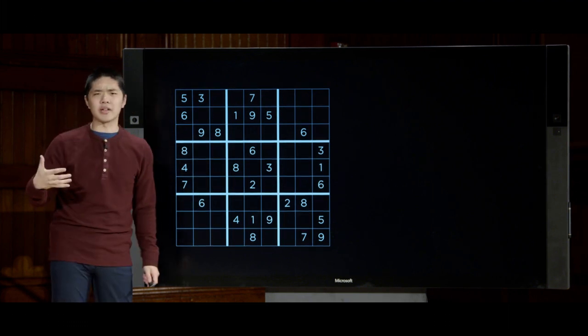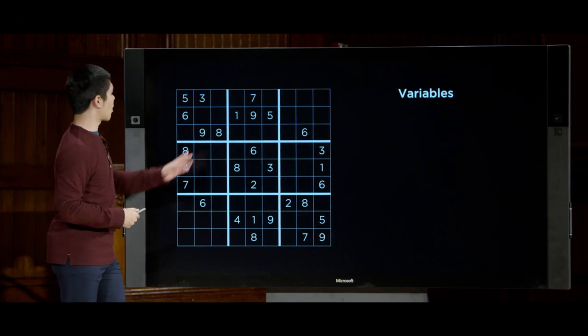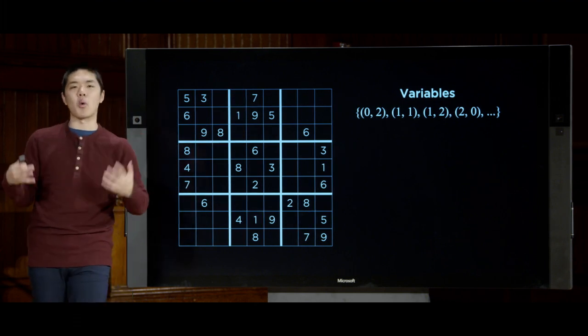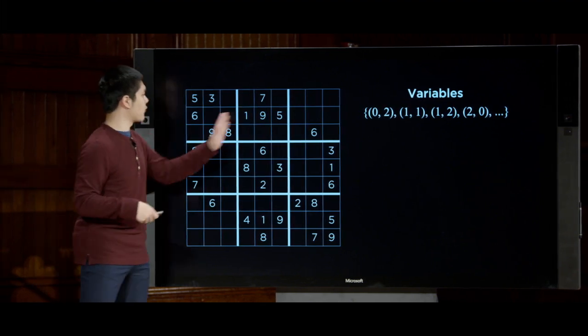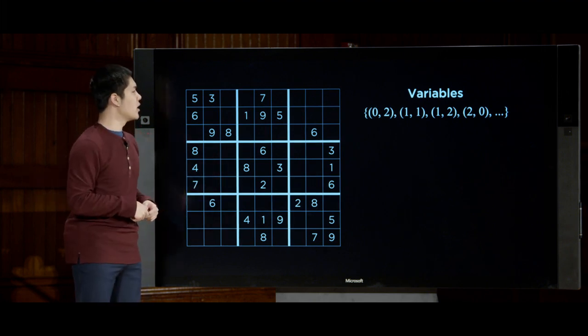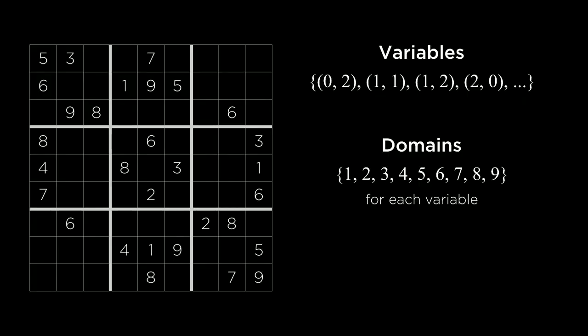So what might this look like as a constraint satisfaction problem? Well, my variables are all of the empty squares in the puzzle. So represented here is just like an x comma y coordinate, for example, as all of the squares where I need to plug in a value, where I don't know what value it should take on. The domain is just going to be all of the numbers from 1 through 9, any value that I could fill in to one of these cells.